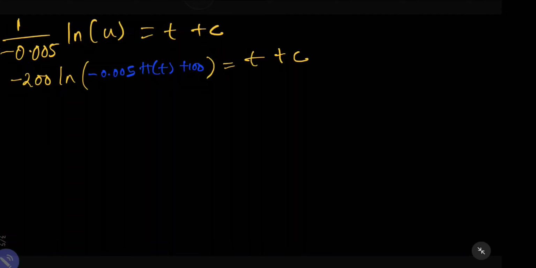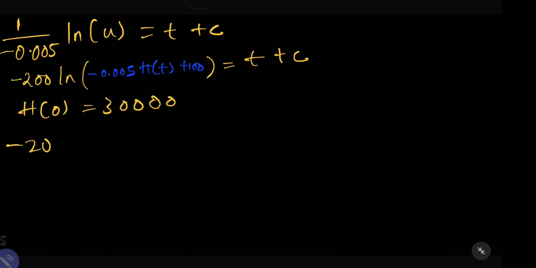So to find the value of our constant, we remember that we had this information at the beginning where we said that the number of healthy students at the beginning of the semester was 3,000. So using this information, we are going to rewrite this expression where t is 0. So where t is 0, everything on my left hand side equates to c, because 0 plus c is c.